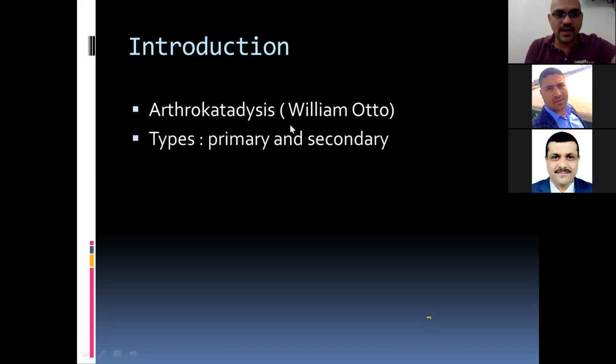There are two types, primary and secondary. The primary, as you know, is idiopathic, and the secondary is protrusio caused by one of multiple conditions. The primary is a developmental condition, with hereditary or racial influences.